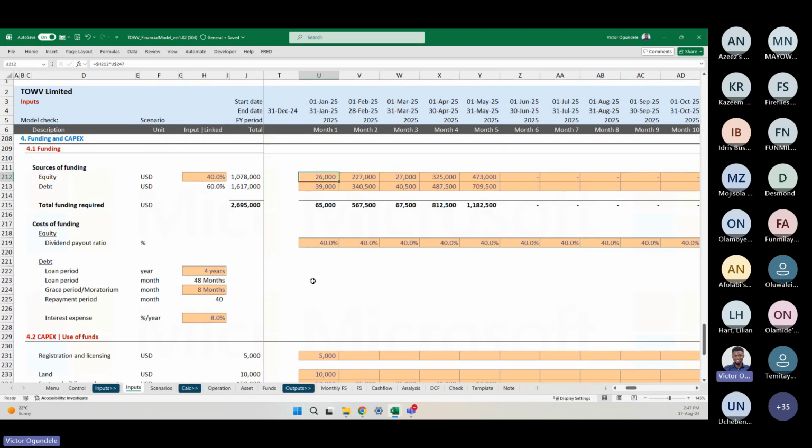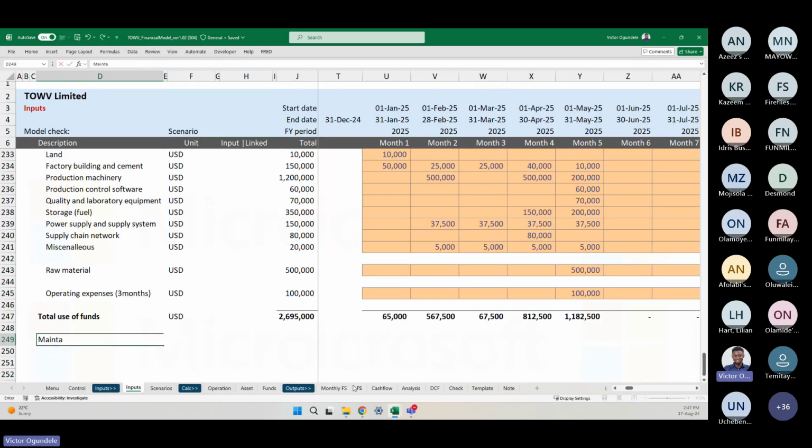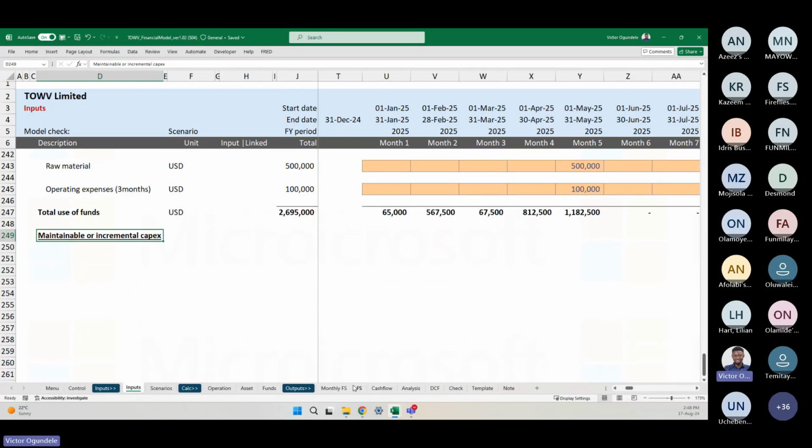We good. So the last but not the least, which is what we call maintainable, or incremental capex. Maintainable or incremental capex.